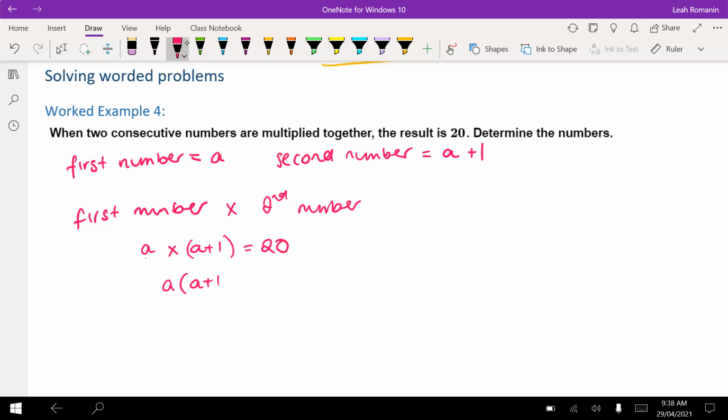Or we can write it like this without the times. A times bracket A plus 1. Now, what do I do? Yes, we can minus 20. Because I'm probably going to have to use the null factor law at some point, given that that's what we're doing. So I'm going to minus 20.